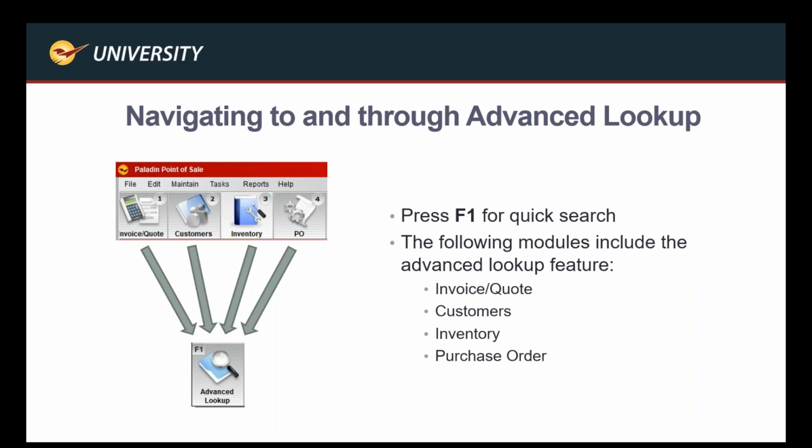To do that, when you get into that module, simply hit F1. It's by far the easiest way to pull up the advanced lookup module. Can you mouse down there in the lower left and click on it? Absolutely. Or if you had a touch screen, you can click on that as well. So there's three options to do it. F1 is by far the quickest and simplest way to spawn the advanced lookup window.